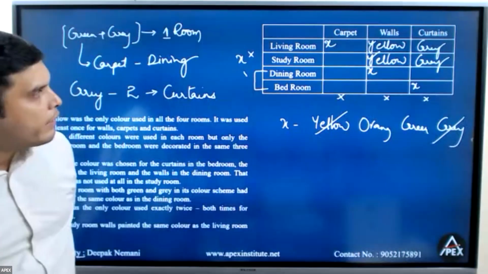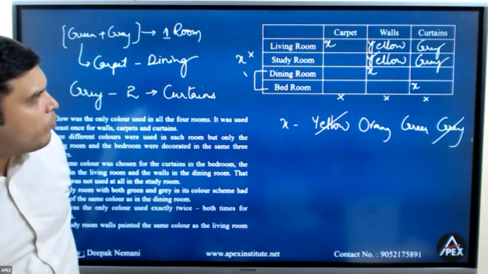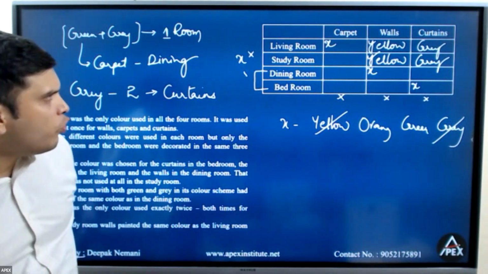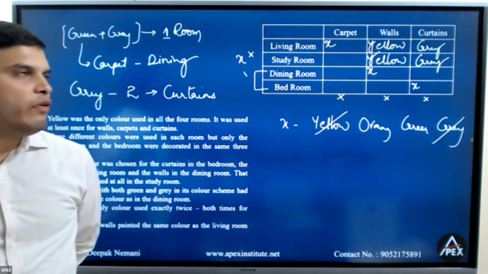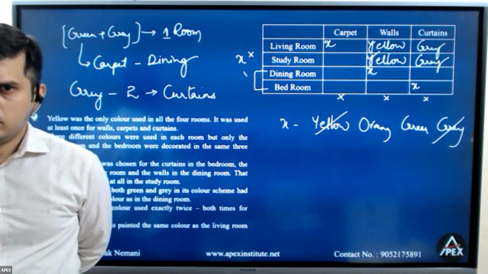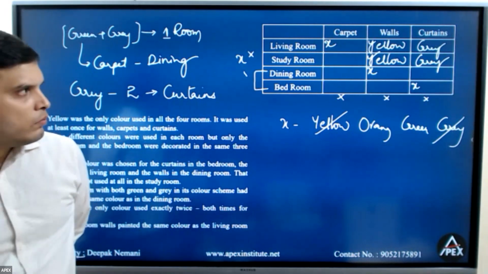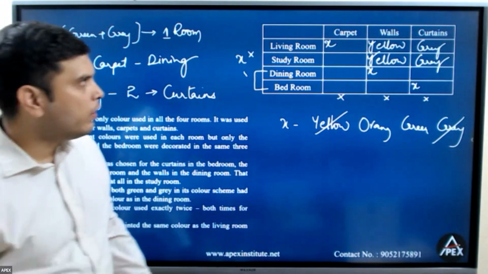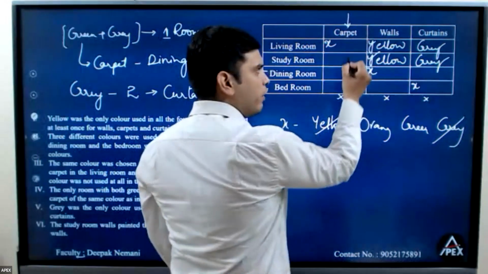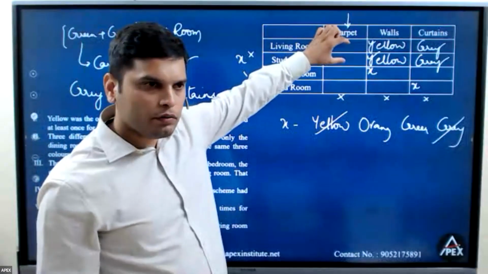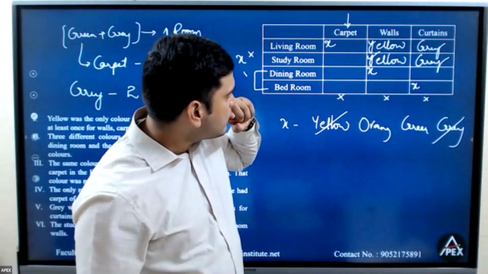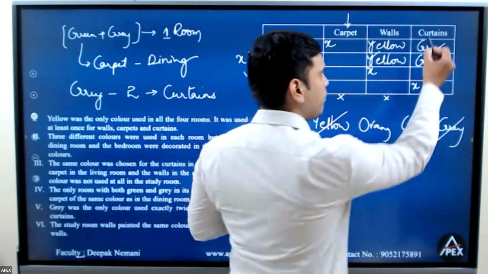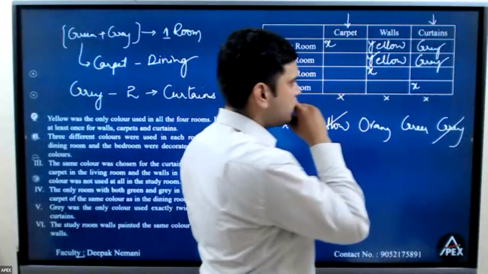Now next, can I say the dining room or, one minute, the bedroom carpet is painted with yellow color? Okay. Now, in the 4 cells you need to have yellow here. You cannot have yellow here. Then let me consider curtains.